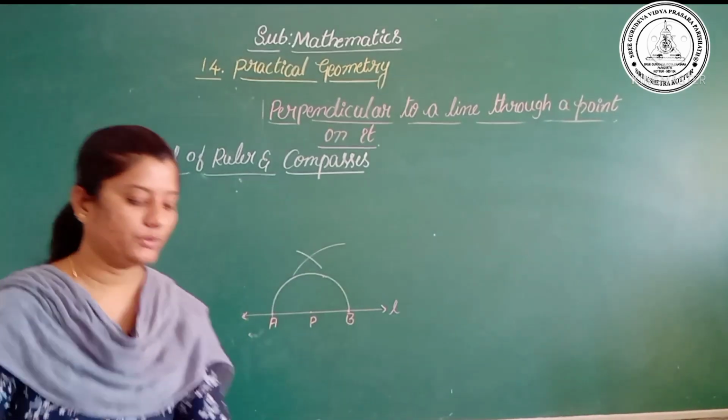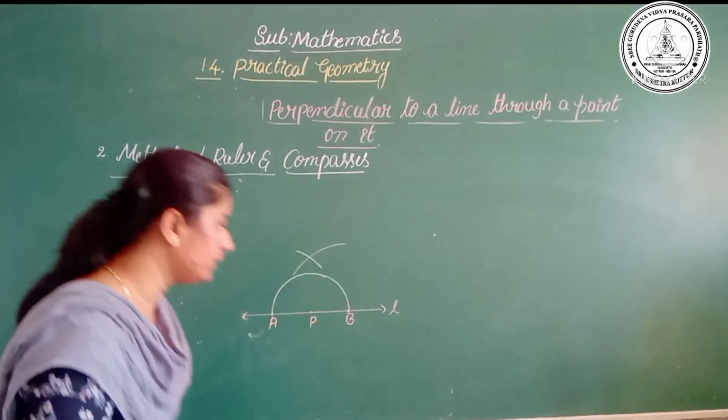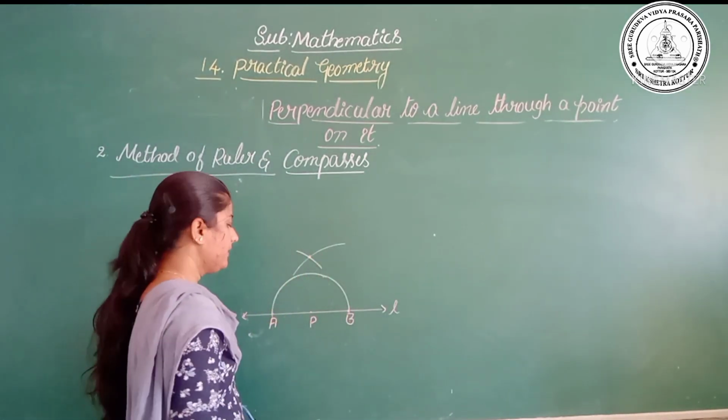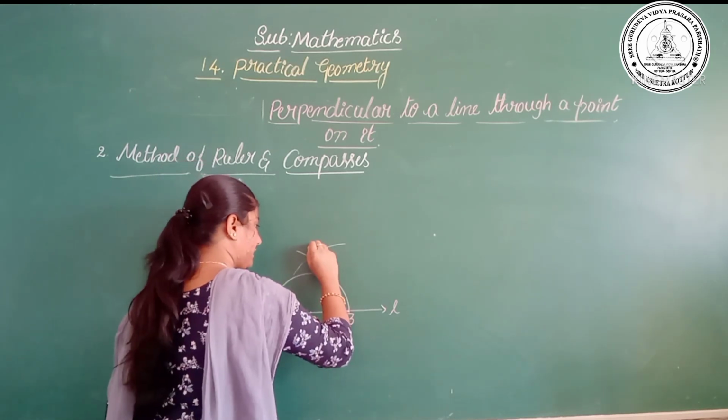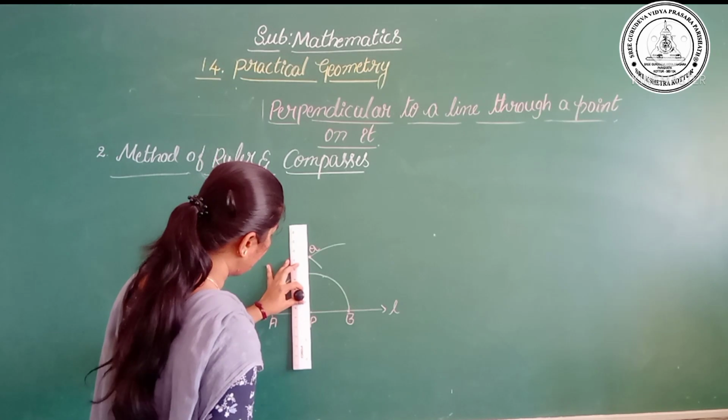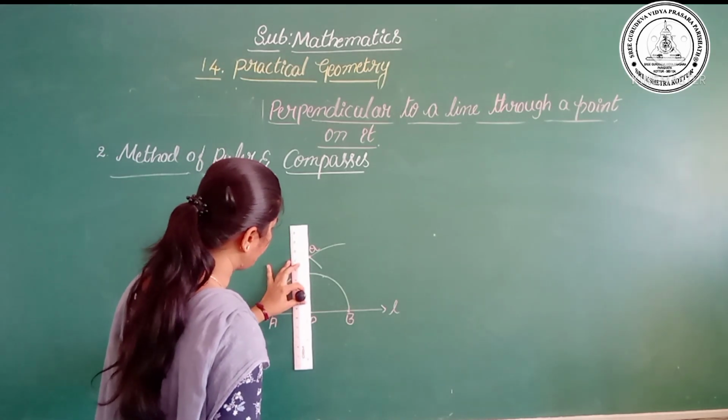Now we will get one intersecting point, and that is Q. Now join the points P and Q using the ruler.